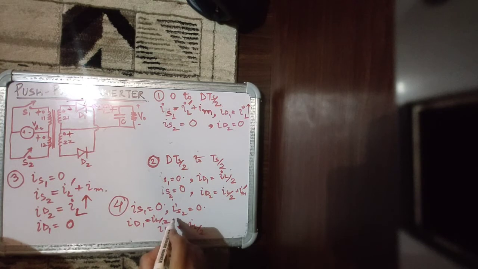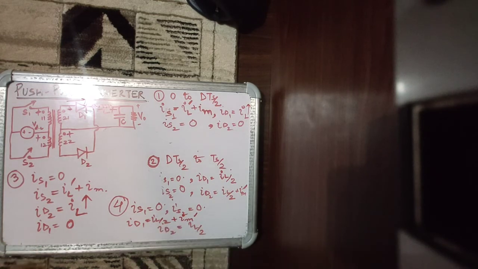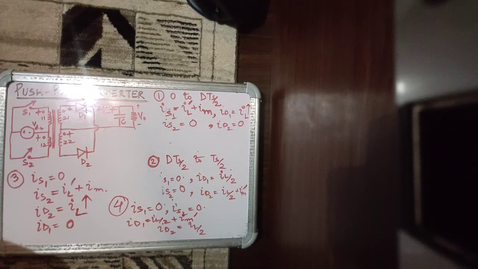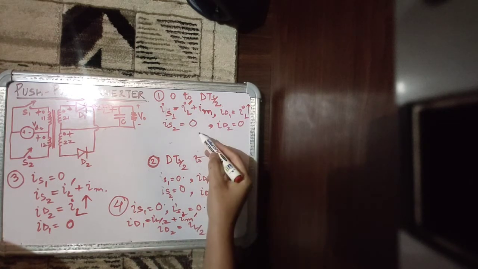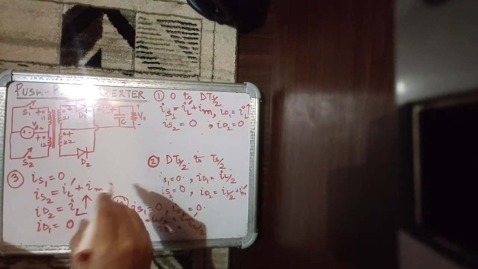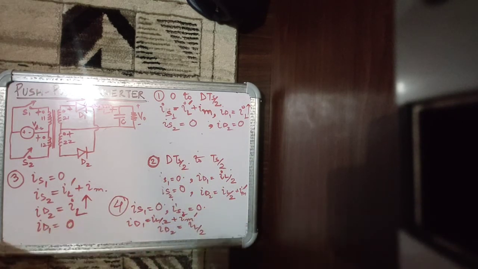So D1 is going to ensure that flux collapse does not happen. So IL2 plus IM dash is going to be carried by D1. तो अब बस वही चीज़ है, that is the same thing getting repeated as it was happening in 1 and 2, but it's just symmetrically happening with the other devices and core excitation दूसरी डायरेक्शन में हो रही है.